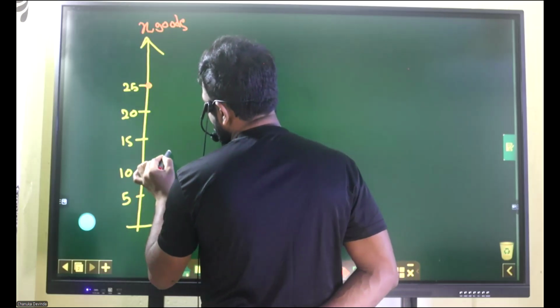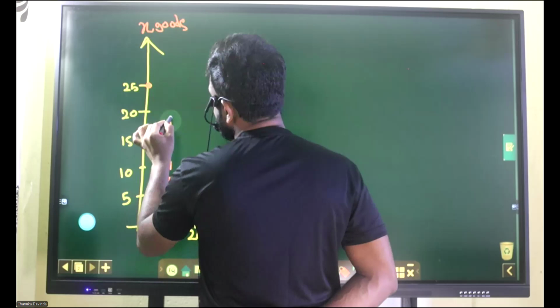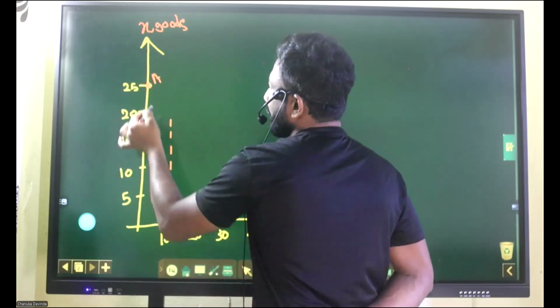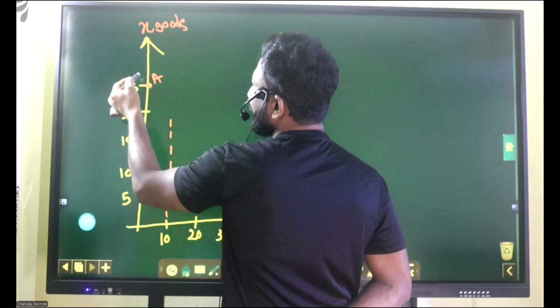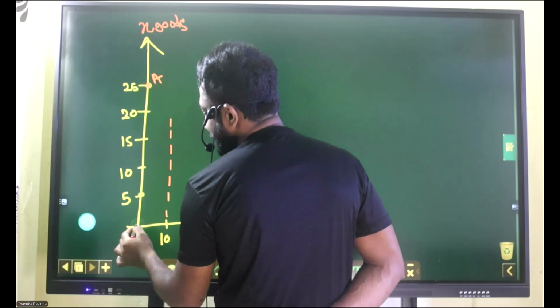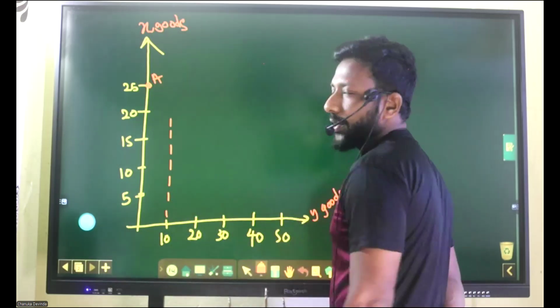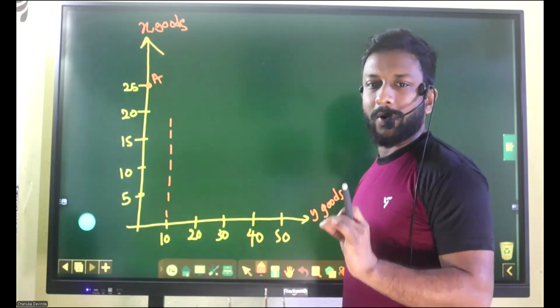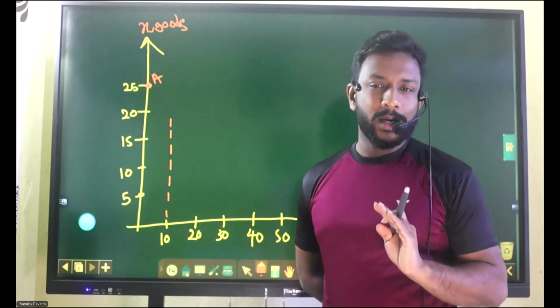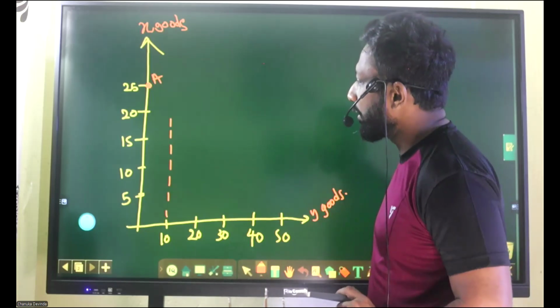So we can depict it at this point A, right? Point A represents 25 units of X good with 0 Y goods.